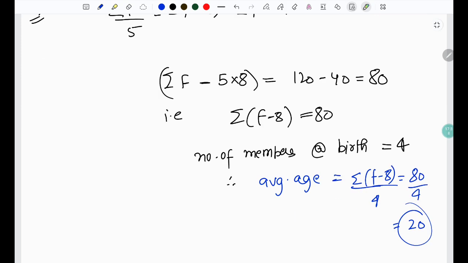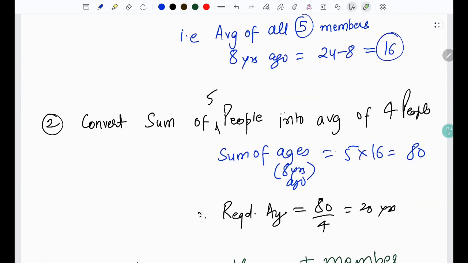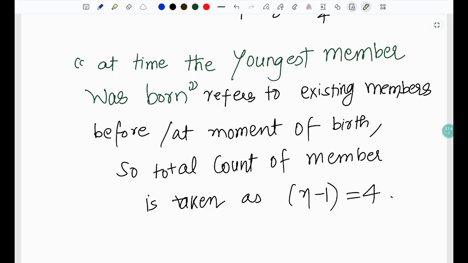You have to keep one thing in mind: whenever the question asks at the time the youngest member was born, it refers to existing members before or at the moment of birth. So the total count of members is taken as n minus 1, that is 4 in this case. Whenever a question says at the time the youngest member was born, that means you will discard one member from the total family count.